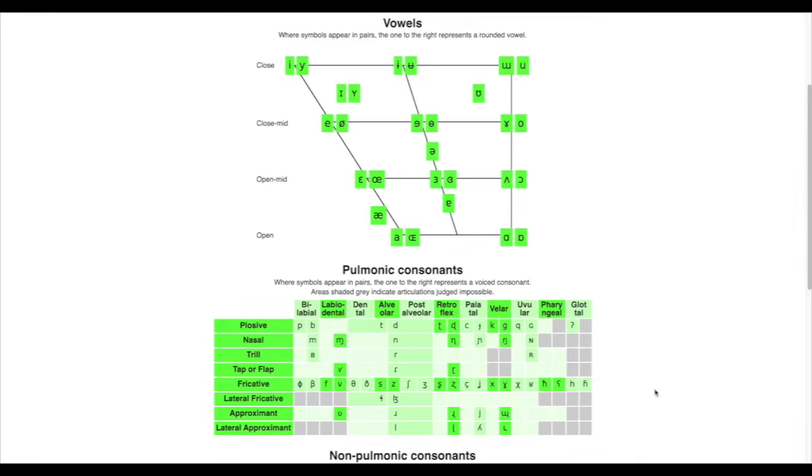And that's because the International Phonetic Alphabet has to account for all sounds that are attested in all languages, not just English. And they have some sounds that are very familiar to us, like, say, this. E. And then they have some that are very strange to us, like this.